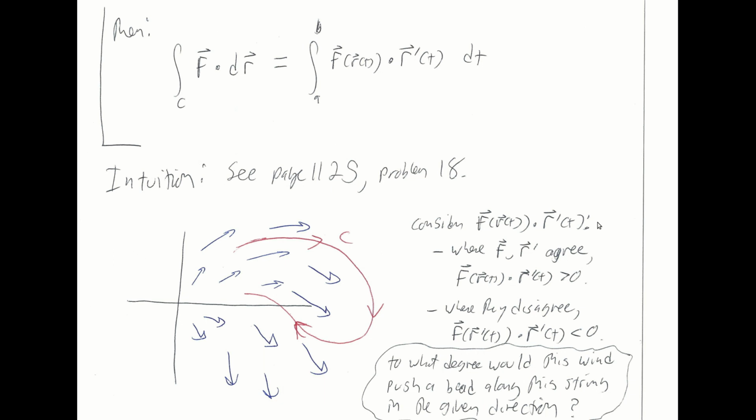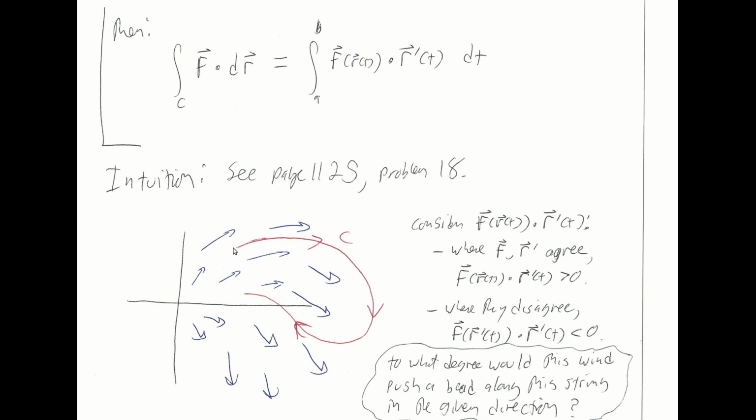The dot product, if you remember from the beginning of this course, involves the cosine of theta expression, which is always positive and maximized when the two vectors in question align with each other, when they point in the same direction or in roughly the same direction. The dot product is famously 0 when the two vectors are perpendicular, and the dot product will be negative if the two vectors actually point in the opposite direction.